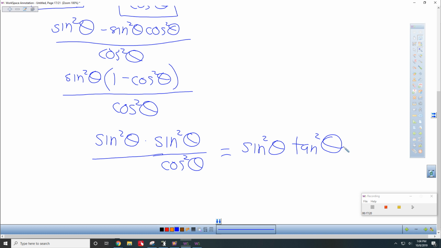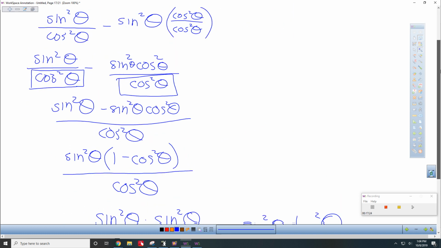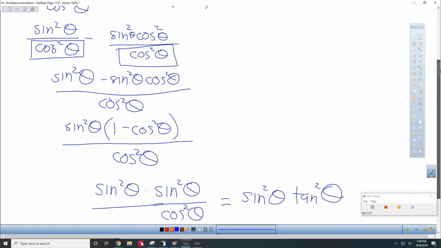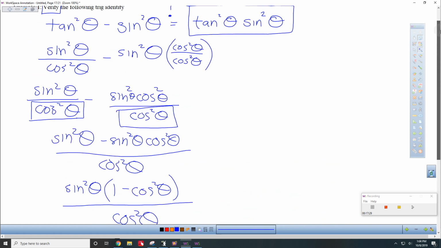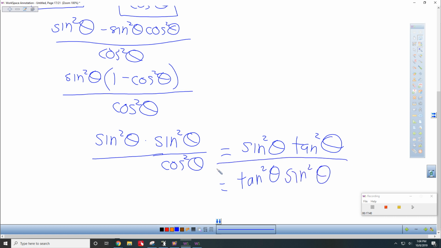And I think if I go back to the top, bam, look. I just got to write it in a different order, which is the same thing as tangent squared theta sine squared theta. So those are the kind of difficult problems you'll be doing. And that's why we're going to do it in a game show race style event.